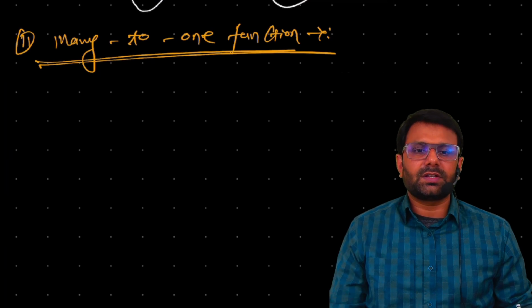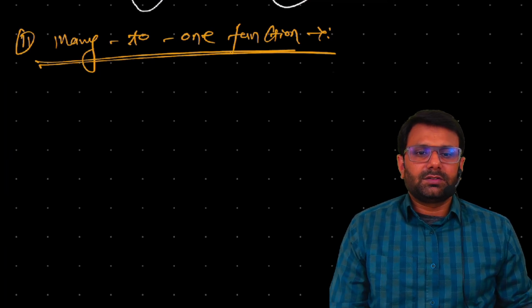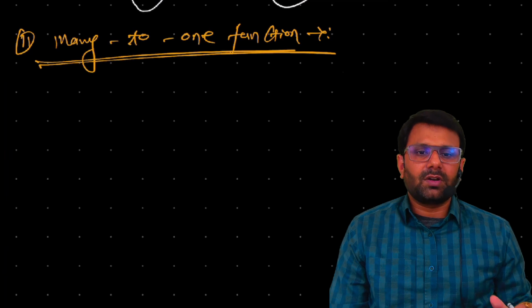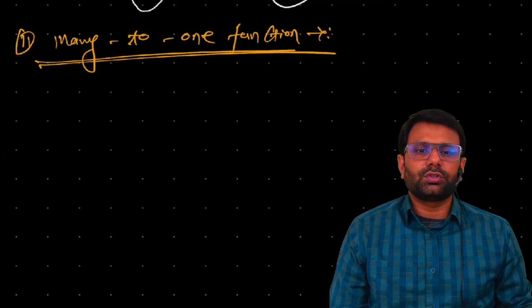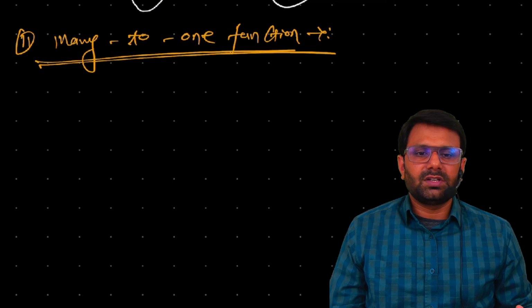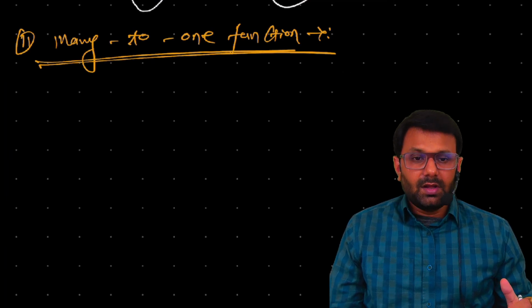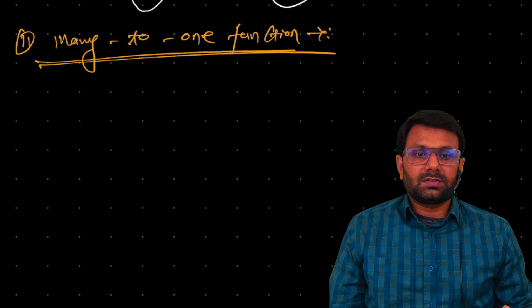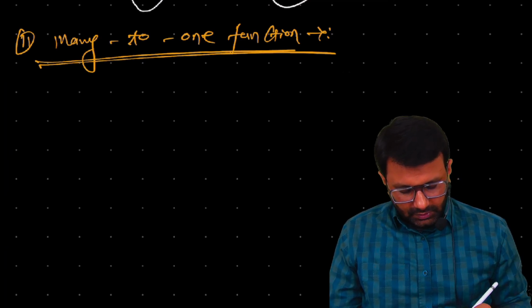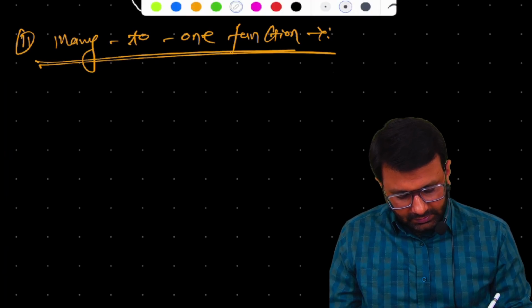In this lecture I am only explaining the theoretical part, and after that I will discuss 2-3 important JEE Mains and Advanced questions, and in the next lecture I will discuss some more good questions of JEE Mains and Advanced. So what is many to one function?